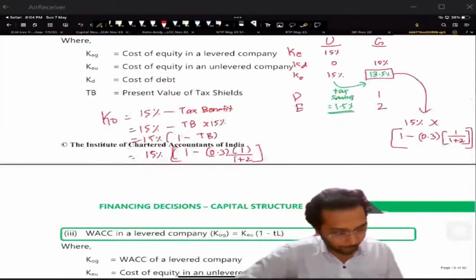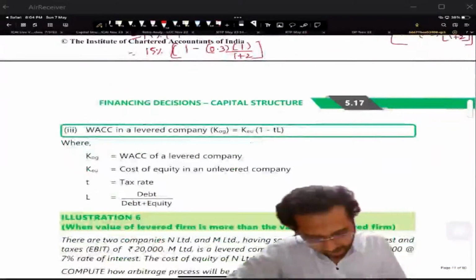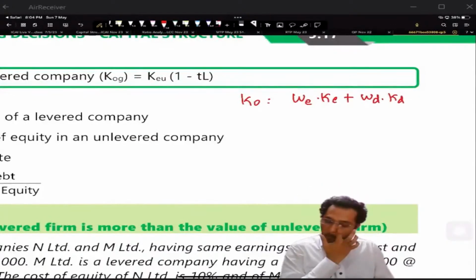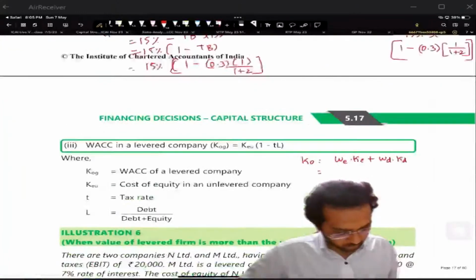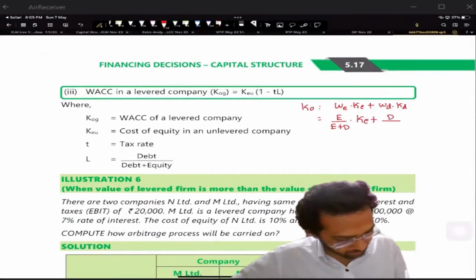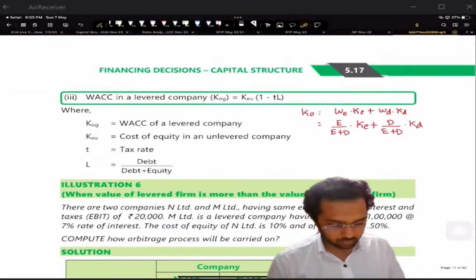We know that the overall cost of capital is weight of equity into cost of equity plus weight of debt into cost of debt, right? The weight of equity will be equity upon equity plus debt, into K, plus the weight of debt, which is debt upon equity plus debt, into the cost of debt.